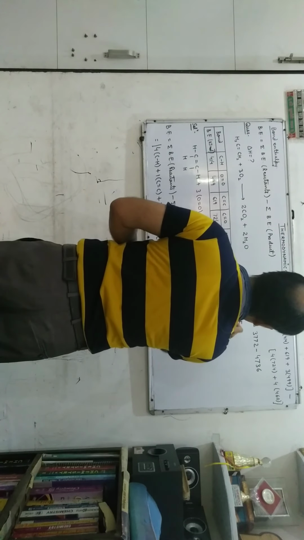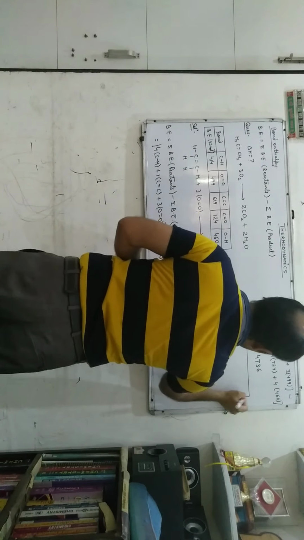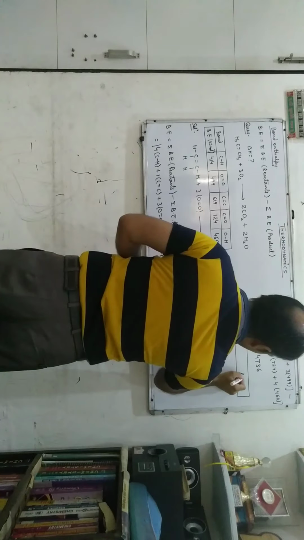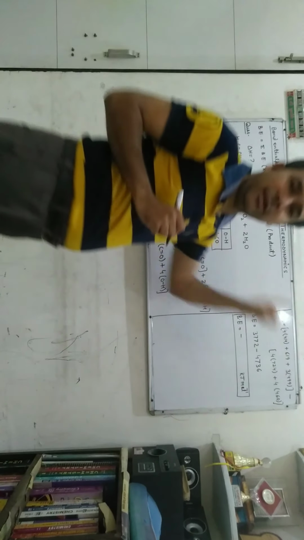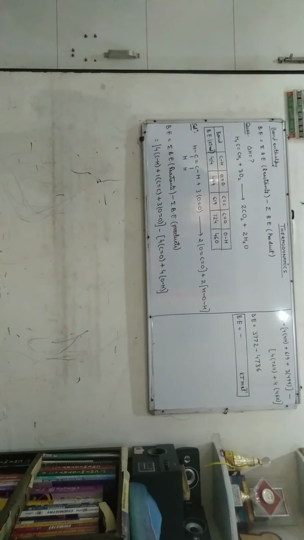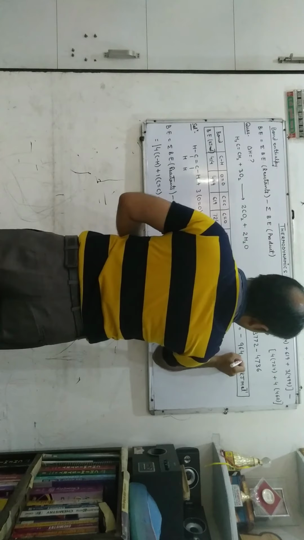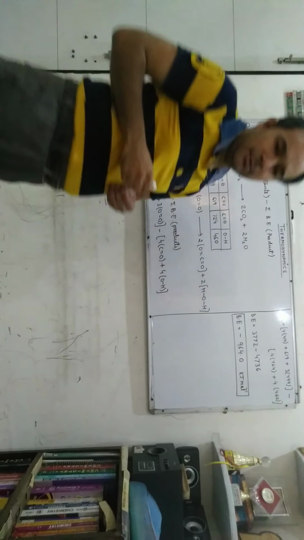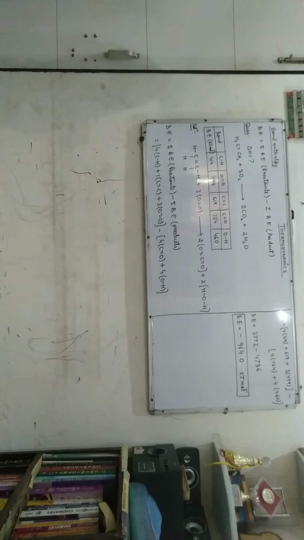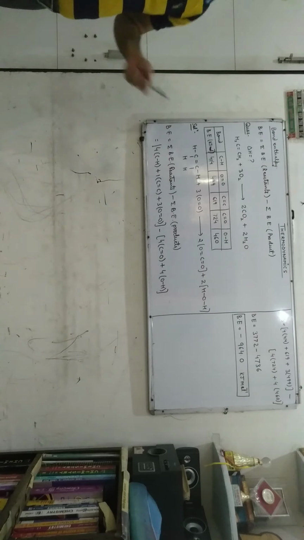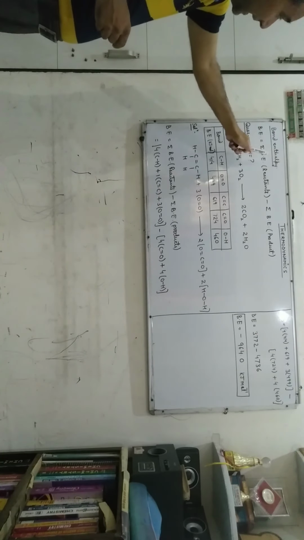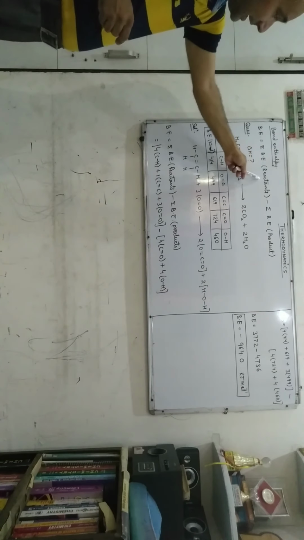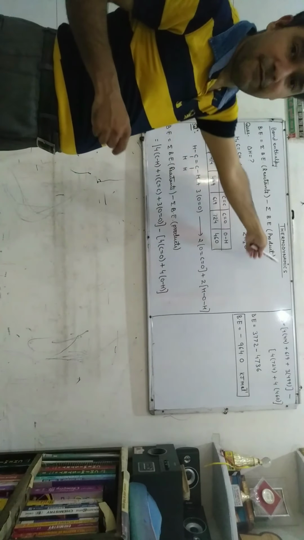Now on calculating, we get the answer in kilojoule per mole. It is approximately minus 964.0 kilojoule per mole. So we can solve this type of numerical based on bond enthalpy. It must be noted that for calculating the enthalpy change we must subtract bond enthalpies of products from bond enthalpies of reactants.